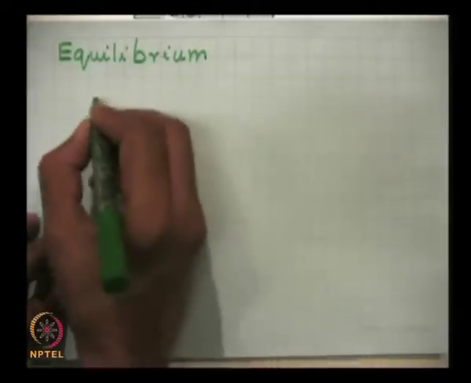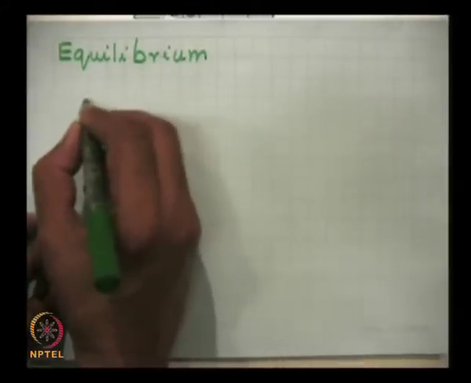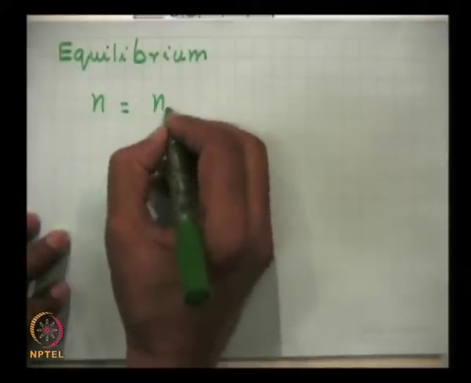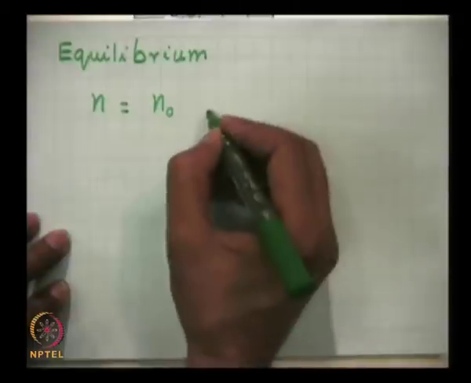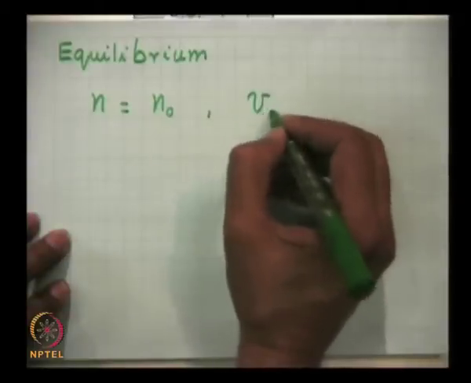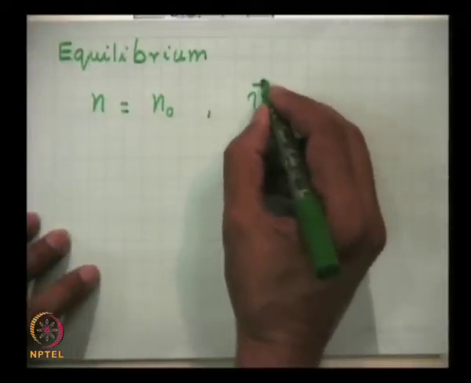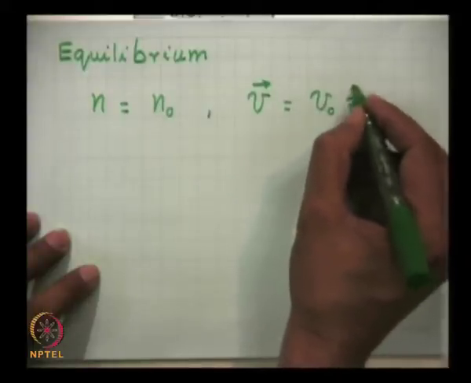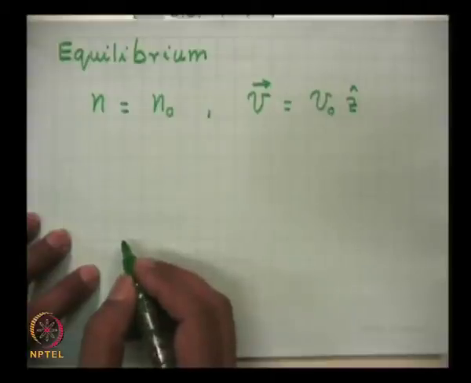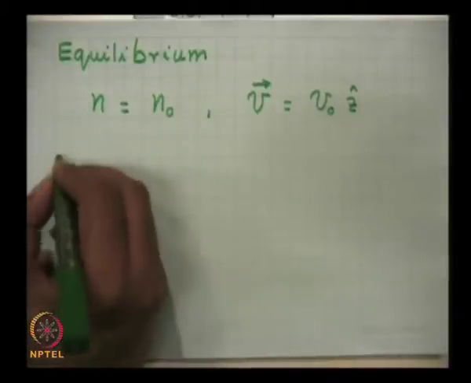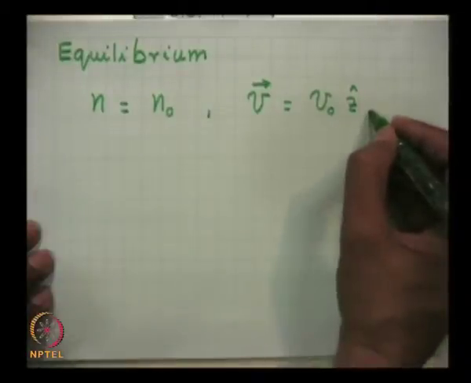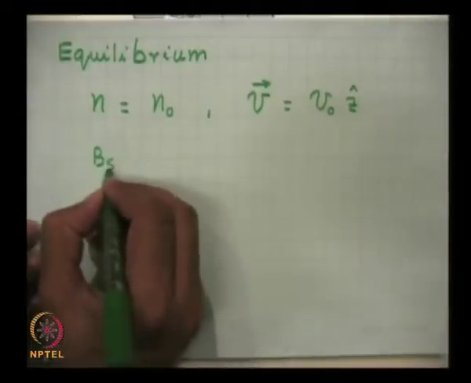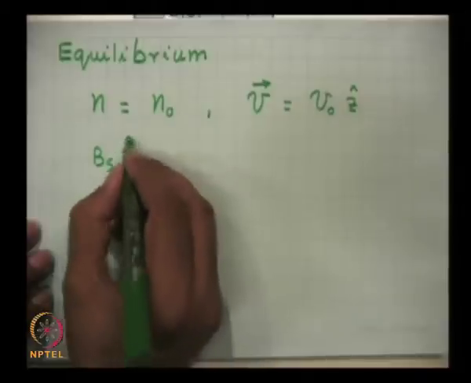So, the equilibrium has beam density equal to n0 and beam velocity equal to v0 in the z direction. This is my beam. Perturbation, and obviously there is a static magnetic field also in the equilibrium. There is no other field. B_s z, this is the magnetic field in equilibrium.